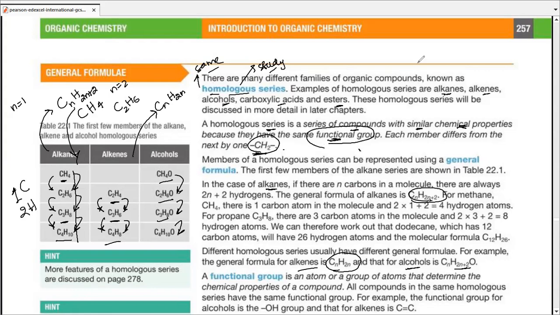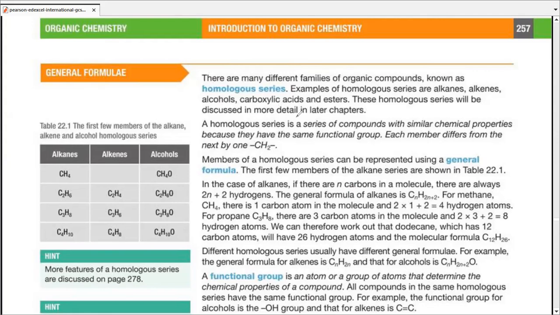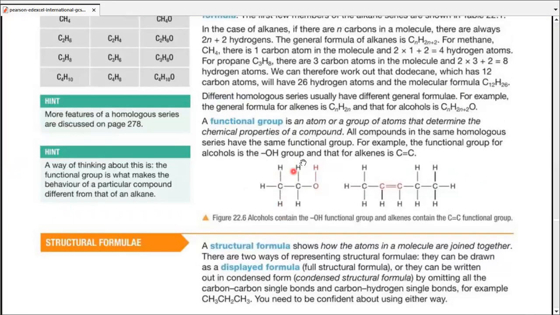This needs a little bit of explanation, so let's explain that in the upcoming lines. When I use the word functional group, what I actually mean is a specific atom or a group of atoms. What's not stated here is that it might also mean a type of bond.